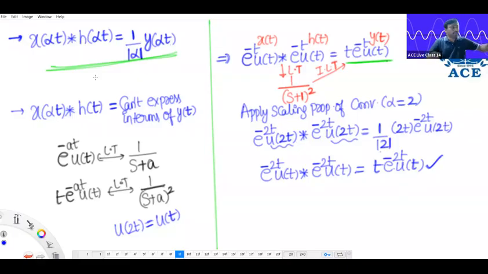So when can you apply the scaling property, sir? If both are scaled by the same factor, then only that chance is there. If only one term is scaled, we cannot express the answer in terms of output.